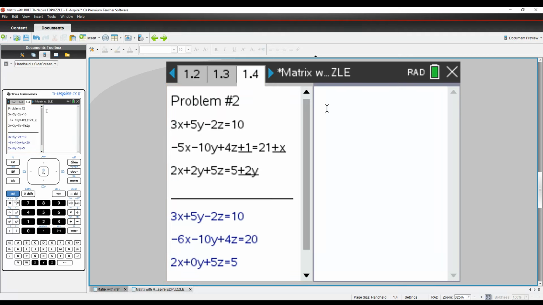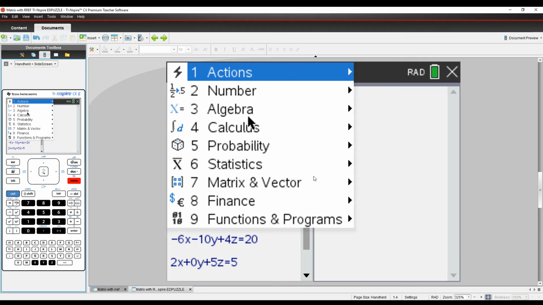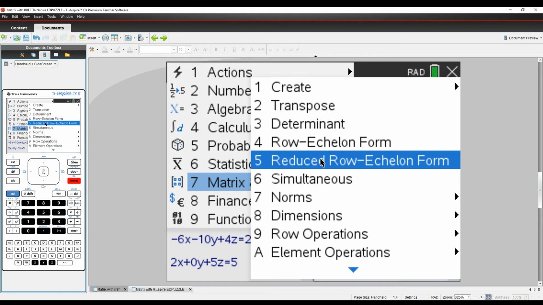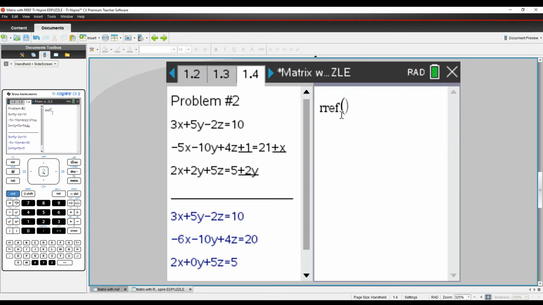So again, how do we get to my reduced row echelon form? Menu, matrix, reduced row echelon form. And that's going to give me my rref here for me to see. This means that the calculator is solving this matrix for me.